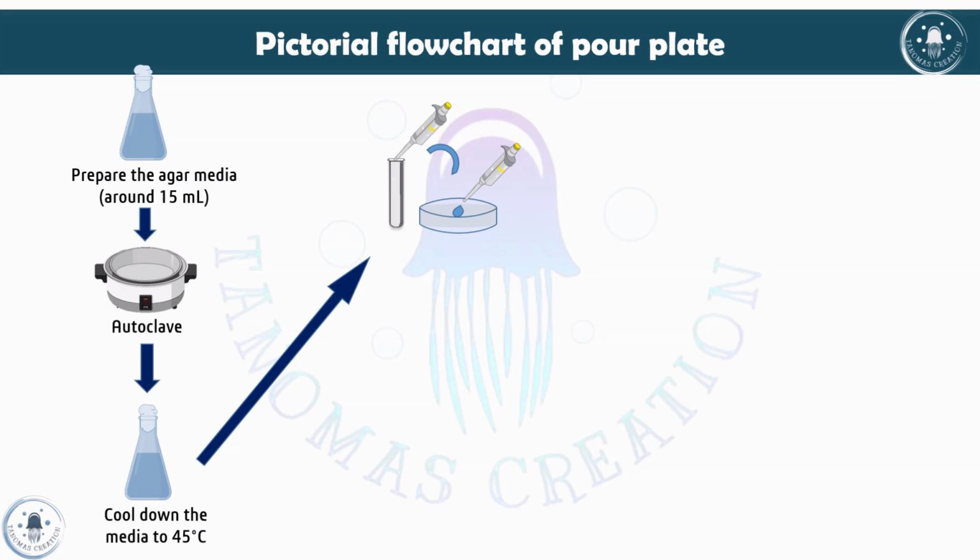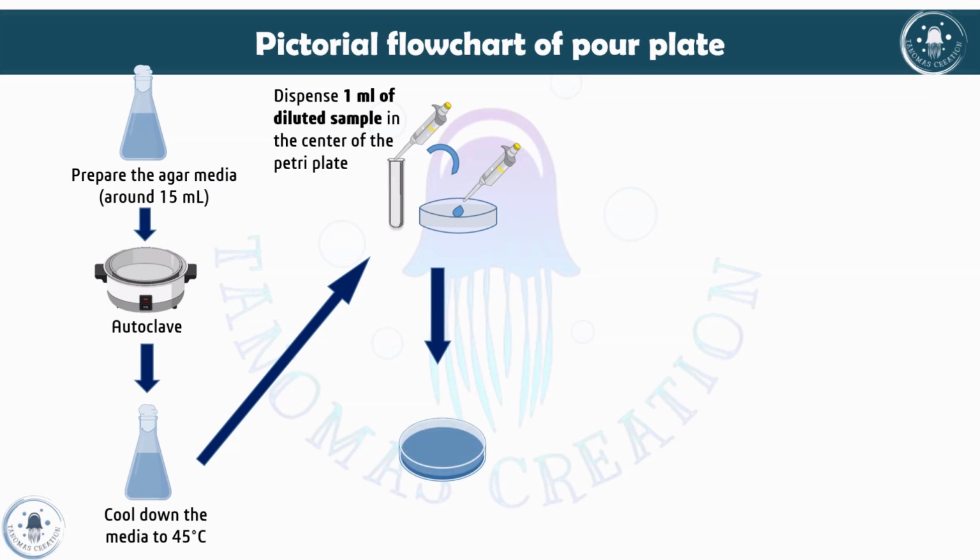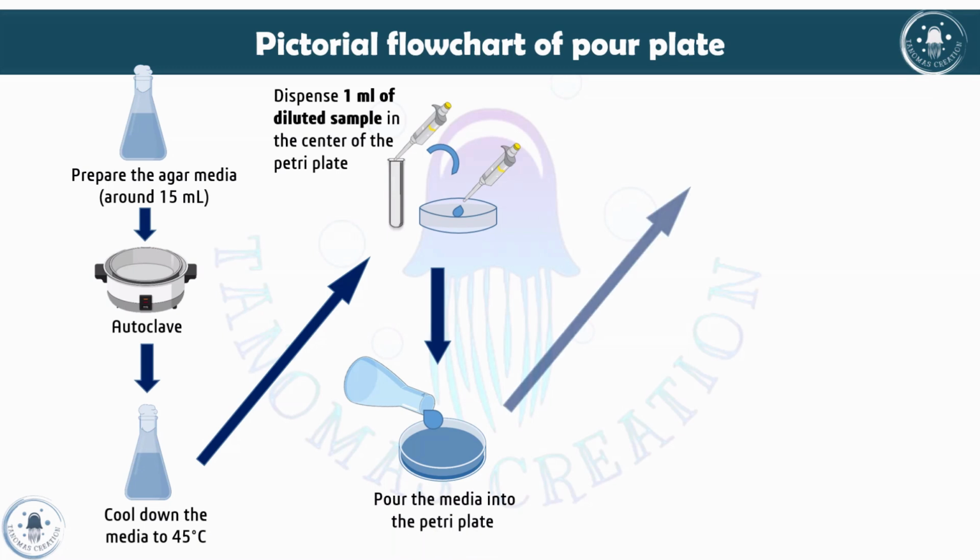Now, after that you pour this cooled down media, cooled to 45 degrees Celsius, not solidified, over the 1 ml sample that you have put at the center. So, you pour the media completely.